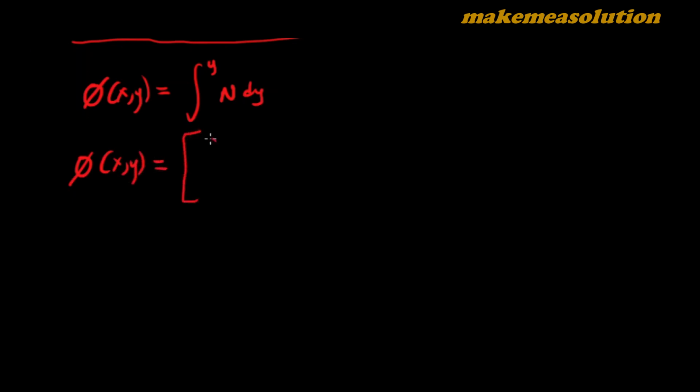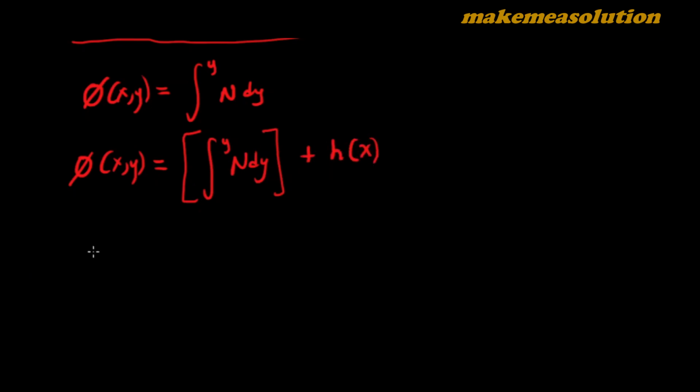So if I decided to solve for phi of x comma y by taking the partial integral with respect to y of n dy, what I'll get is phi of x comma y is equal to, let me say I house this integral in a bracket, I'll now put my integration constant, which is going to be a function of x.